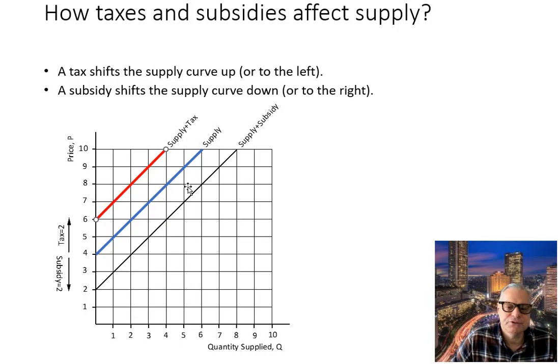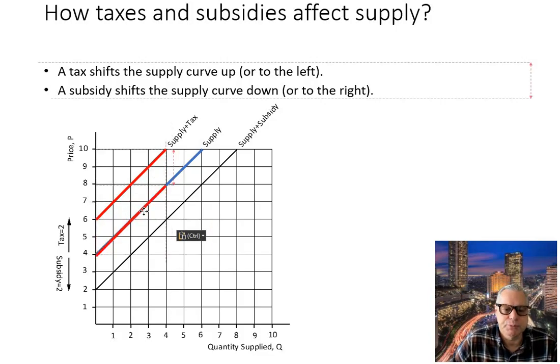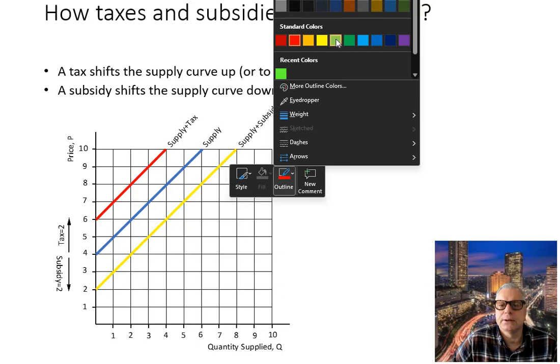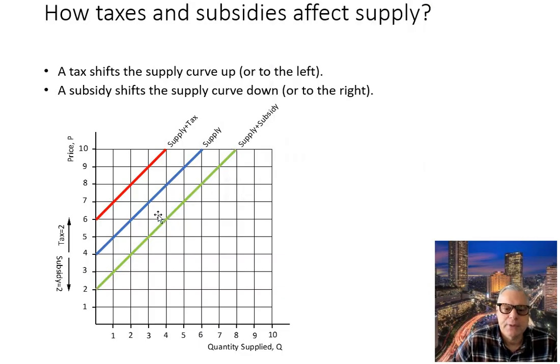So the opposite of a tax is a subsidy. Let's say someone produces something which is considered to be a good thing, then this will shift the supply curve down. And let's give it a different color, maybe green.